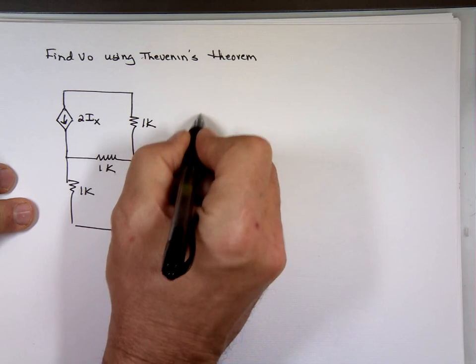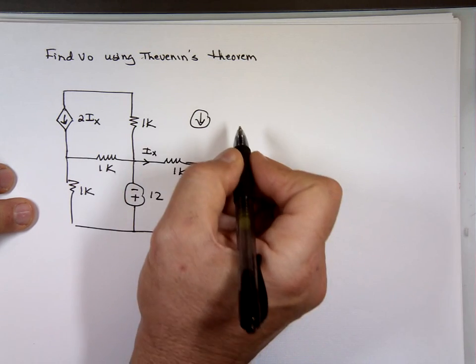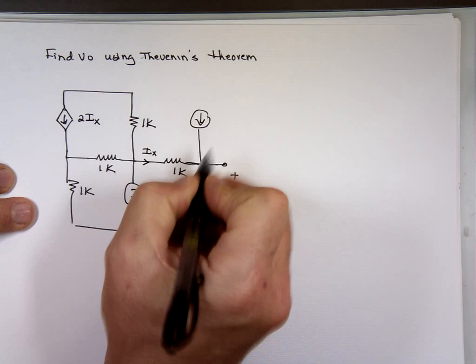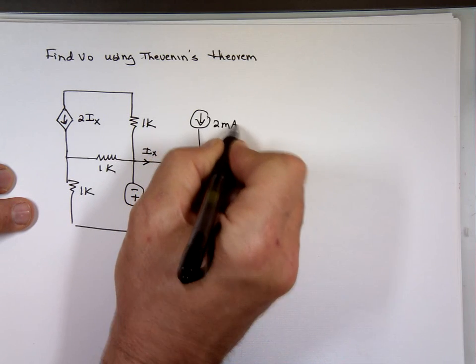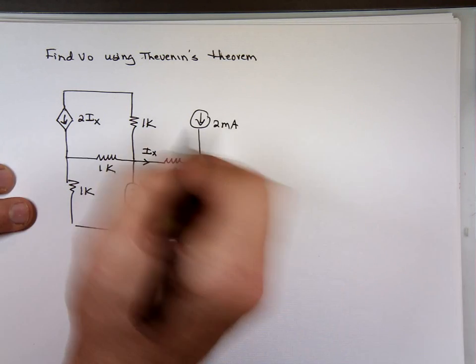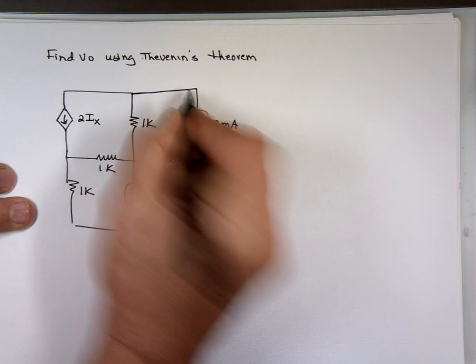And we have a current source coming down on the top, 2 milliamps. That's my circuit.